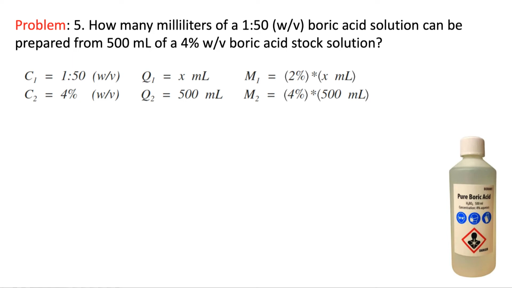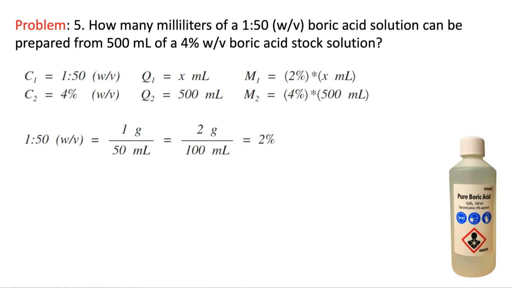But what we know is that we're going to prepare that using a concentration that has 4% and a volume of 500 milliliters. So I'm almost ready to do this, but the problem is I've got to get my concentrations in the same units. So let's change our 1 to 50 ratio strength to a percent strength. I would do that by simply restating the 1 to 50 as 1 gram over 50 milliliters.